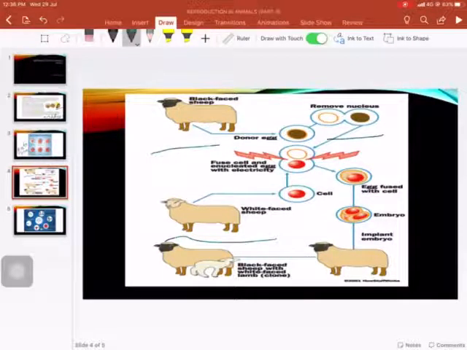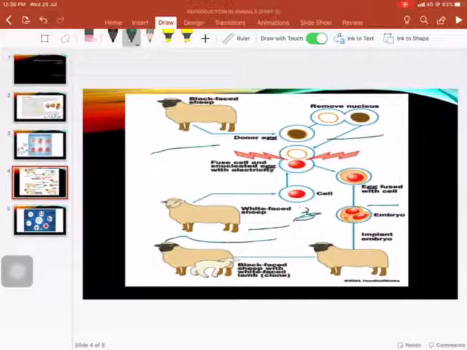From the white faced sheep a single cell is taken, from the mammary gland, and the nucleus of that is inserted in this. Now the egg is fused with the cell. The egg has the nucleus of the cell of the white faced sheep.